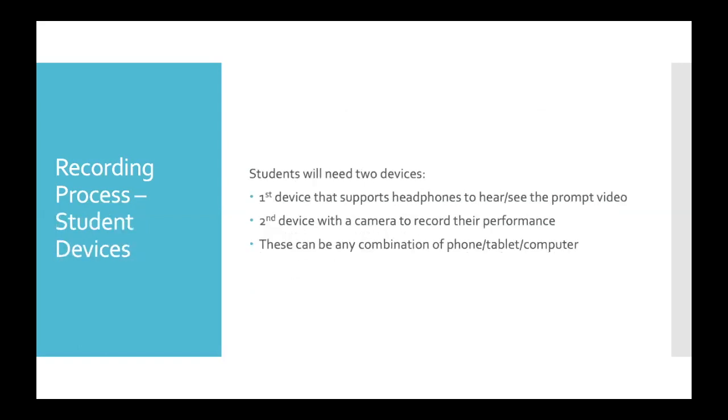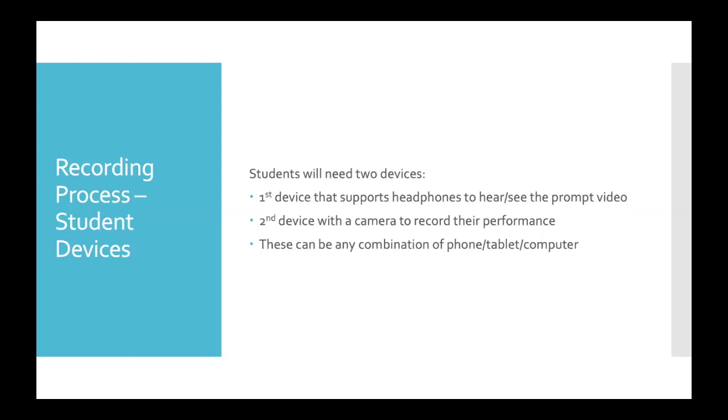For your students, they're going to need 2 devices. They're going to need a device that supports headphones that allows them to see and hear the prompt video. And they're going to need a device with a camera that can record their performance. And these actually have to be 2 different devices because they have to use them at the same time.